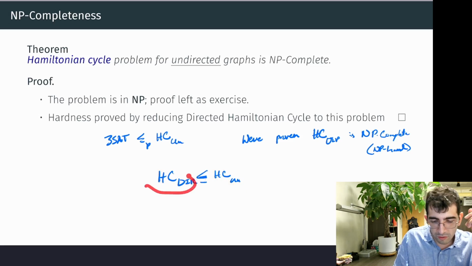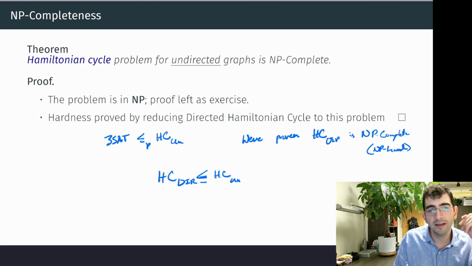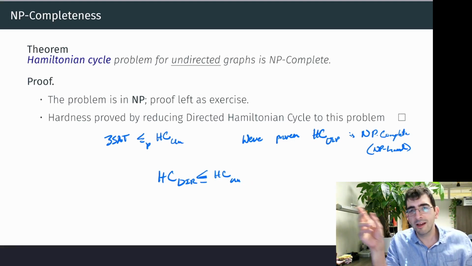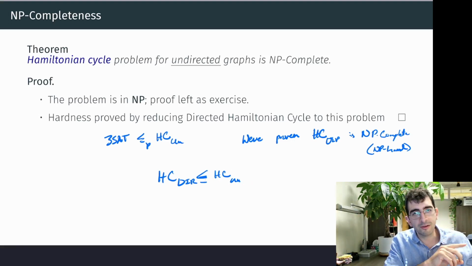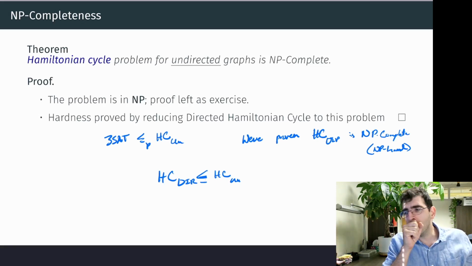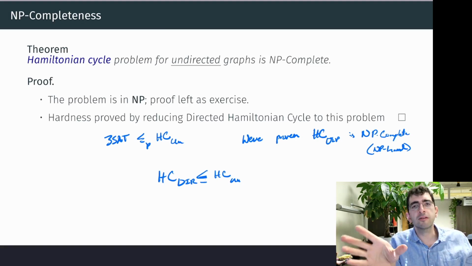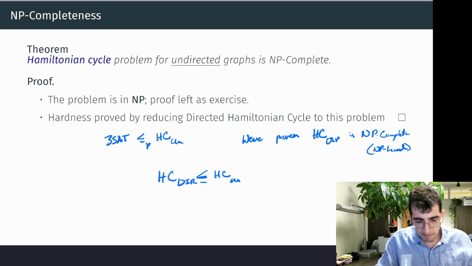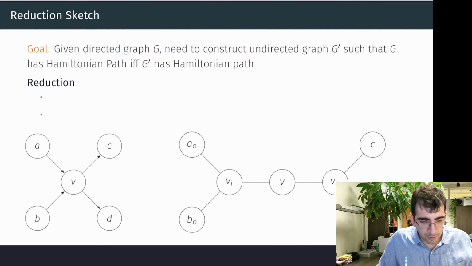But if there's no cycle in the directed version, then there should be no cycle in the undirected version. Okay, we got to prove it both ways, quote unquote, both ways, not both undirected to directed and directed to undirected. That's not what both ways means. Both ways means we got to show that the yes instances correspond to yes instances, and no instances correspond to no instances. All right. So how do we do that?